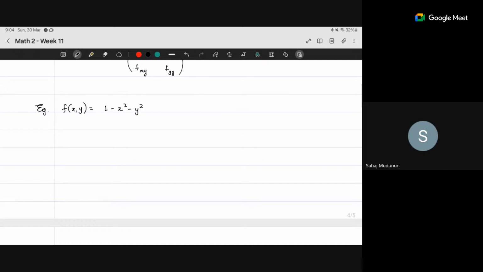Well, you can just call it a hill-like curve. This is what the graph would look like. If I look at this x, y, z, this would be at a height 1. So at the origin, what do you expect the behavior to be?